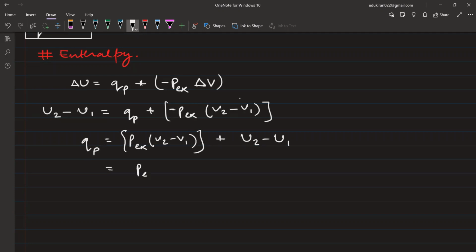Now this will be equal to P external into V2 minus P external into V1 plus U2 minus U1.